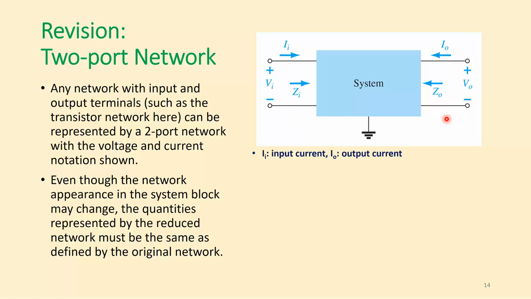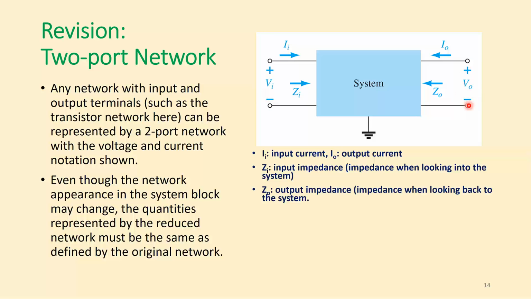So you have Iin for the input current and Iout for the output current, and the notation is such that Iin enters the system at this point. Iout also enters the system at this point where Vin and Vout have their positive terminal. Zin is the input impedance when looking into the system across these two terminals, and Zout is the output impedance when looking back into the system.